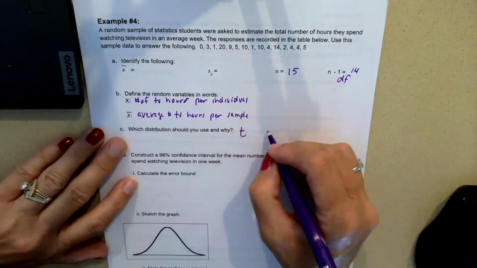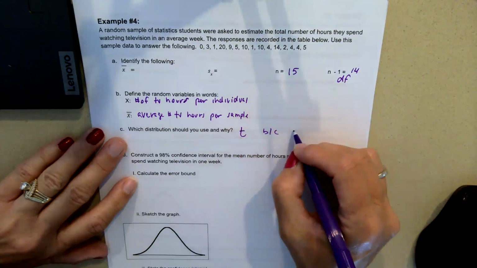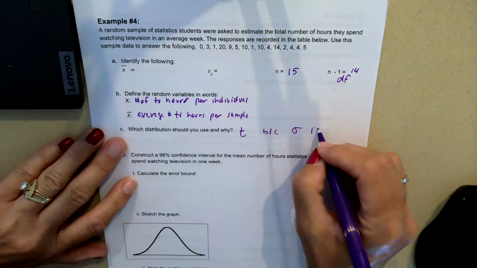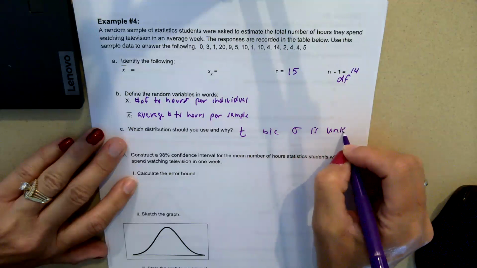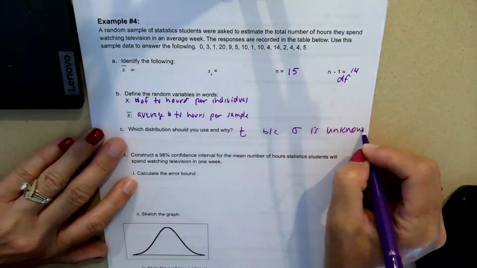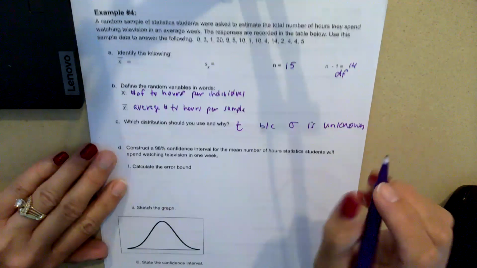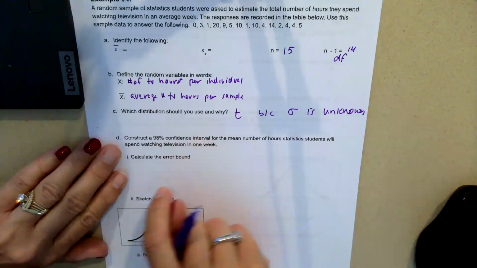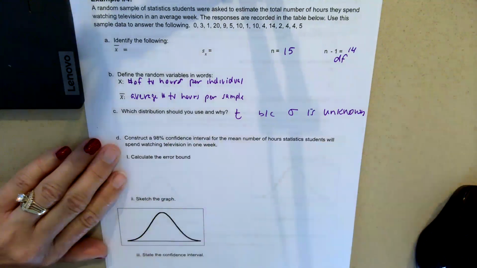And which distribution should you use and why? We're using the T because the standard deviation is unknown. And they want a 98% confidence interval for the mean number of hours.